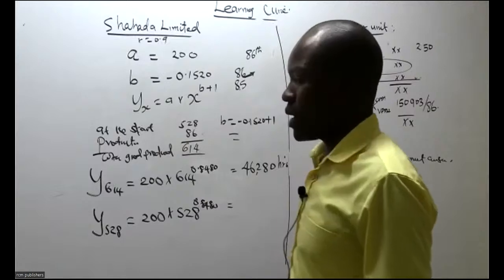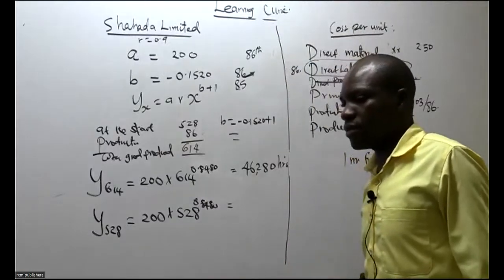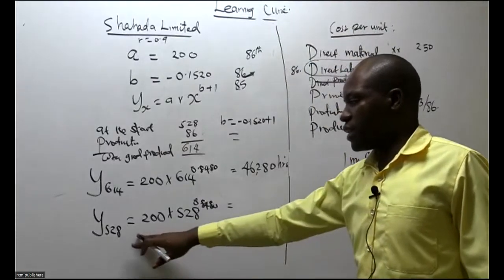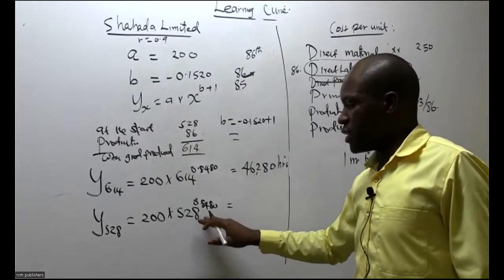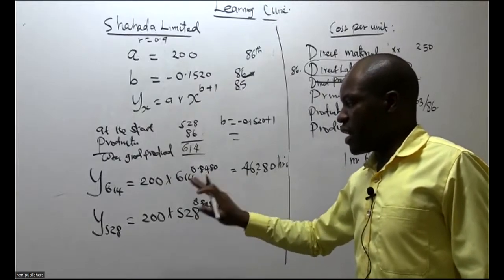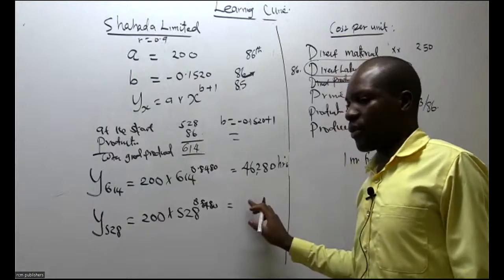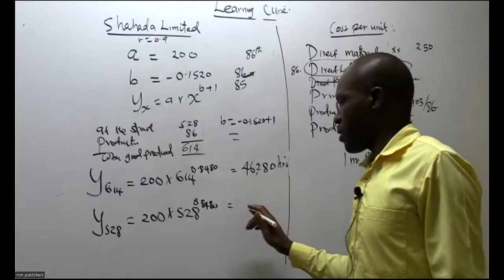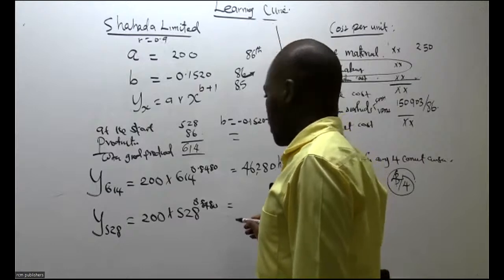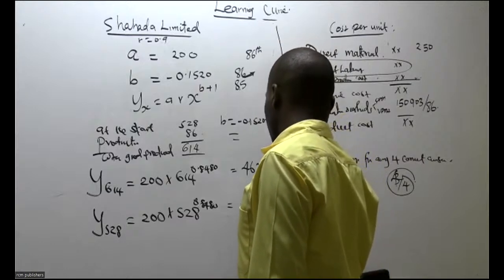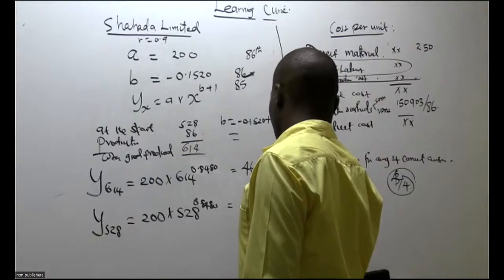Let's go to the second one, 528. You just take 528 raised to the same power, 0.8480, times 200. What do you get? We have 721 hours.